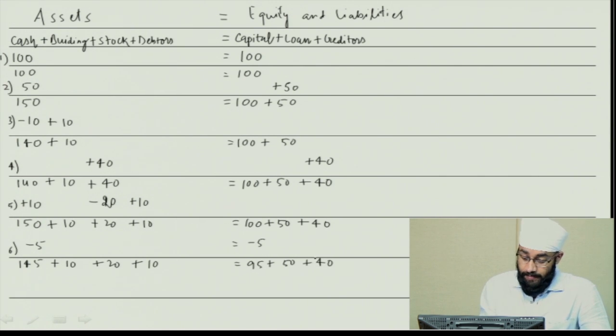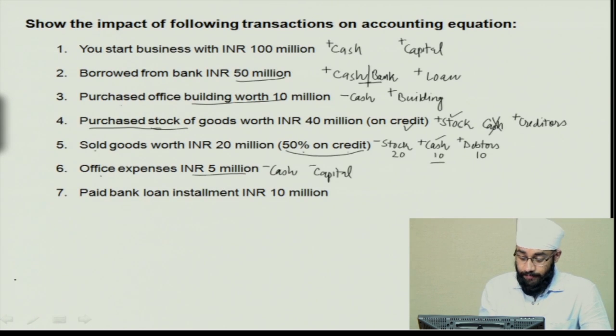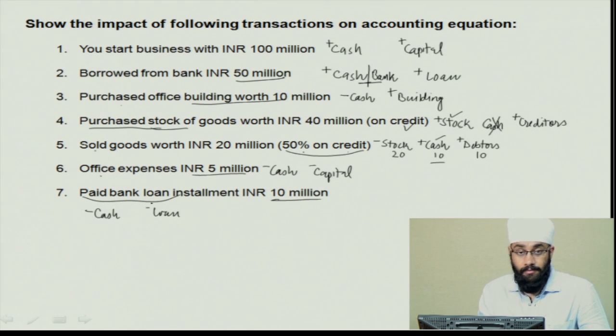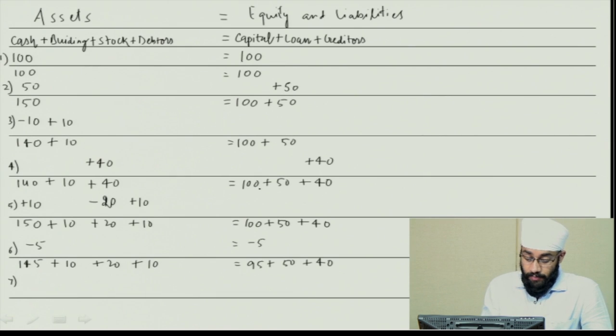Let's look at transaction 7 now. You pay bank loan installment of 10 million. So you paid, which means cash would have gone out certainly, and you paid back the loan, which means loan should also go down. So 10 million, we go to cash, which goes down by 10, and on the liabilities side your loan goes down by 10.